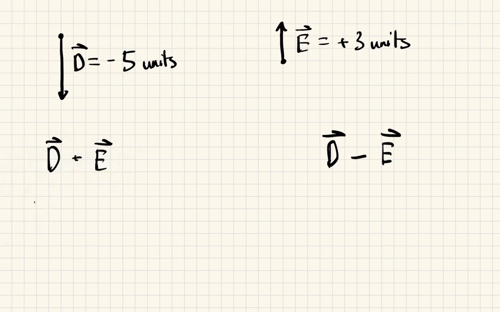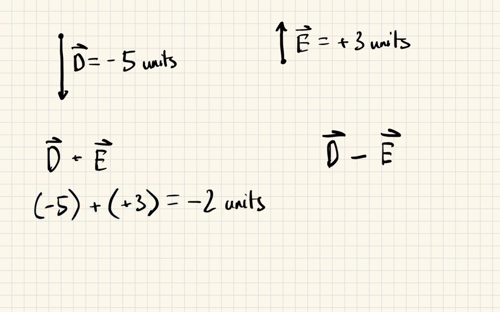We know that this is going to be a negative vector because it's going downward, added to a positive vector going upwards. And we get a resultant vector, negative 2 units. Meaning that this vector has a magnitude of 2 units, and the negative sign indicates that it's going downwards. So the resultant vector is 2 units downwards.